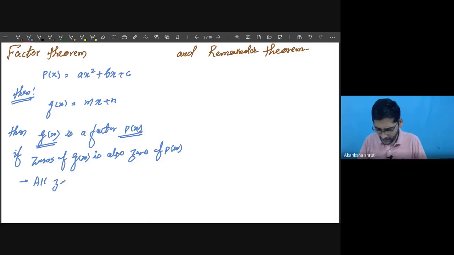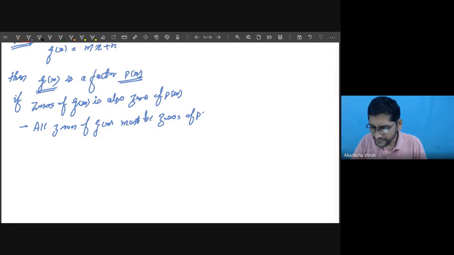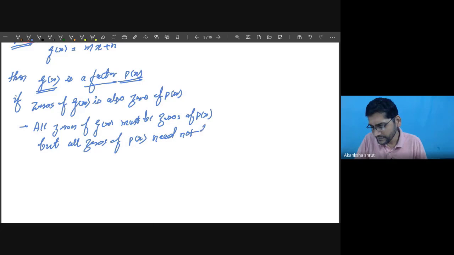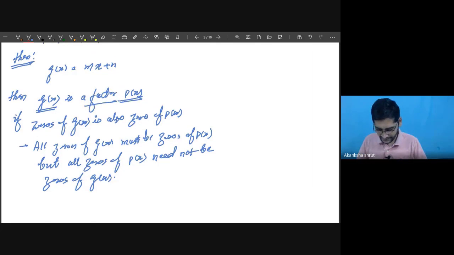So all zeros of g(x) must be zeros of p(x), but all zeros of p(x) need not be zeros of g(x), because g(x) is the factor. This is a notable point. Many times this is asked in MCQs.